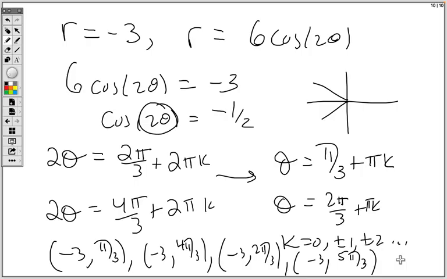So those are 4 new intersection points. Once again, it's a representation of the intersection points. There are infinitely many, and you can see that. So all of these r's here are negative.